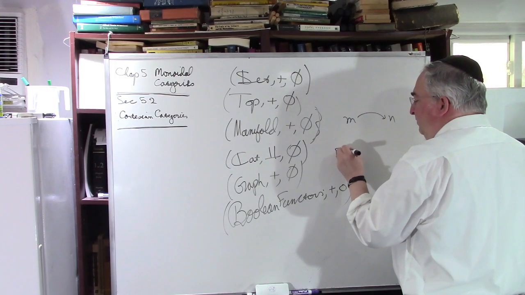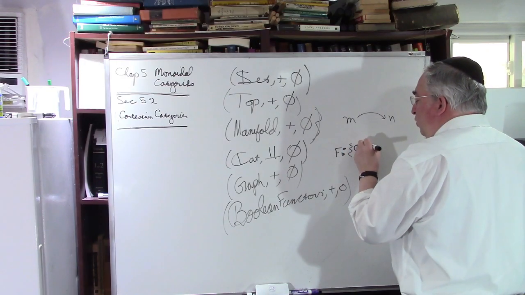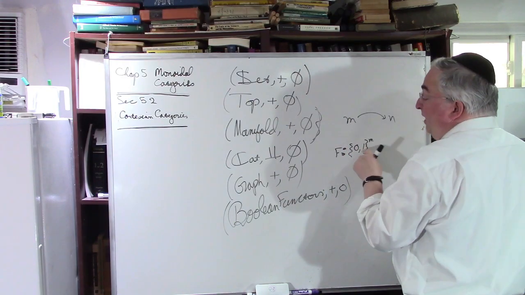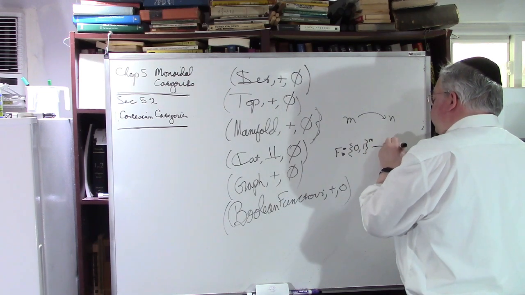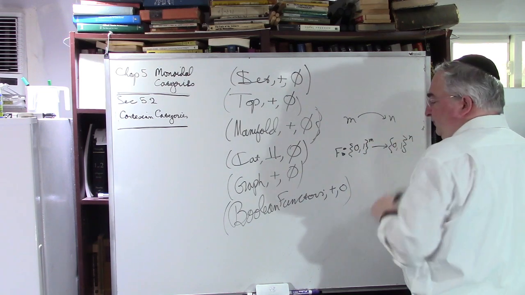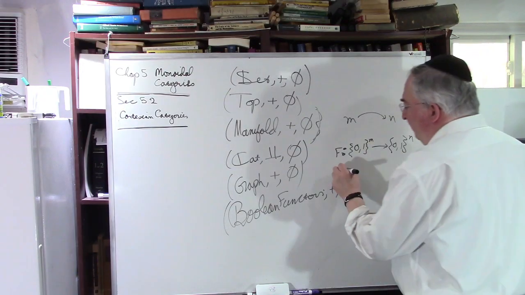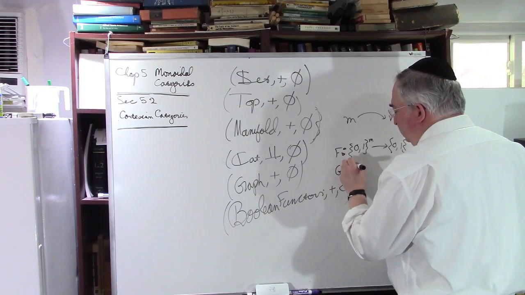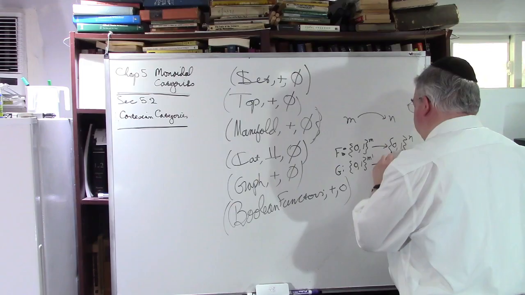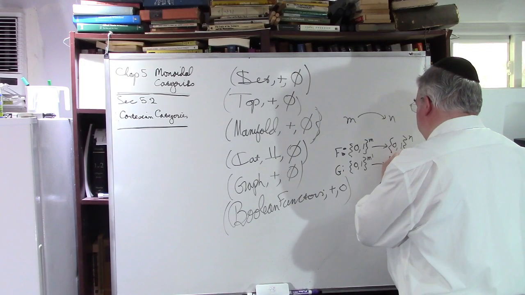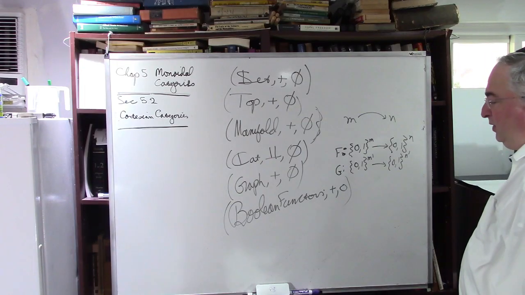So a typical morphism from m to n is a Boolean function from {0,1}^m to {0,1}^n. That's m bits to n bits. Main point, if you have two such Boolean functions, then guess what you can do?